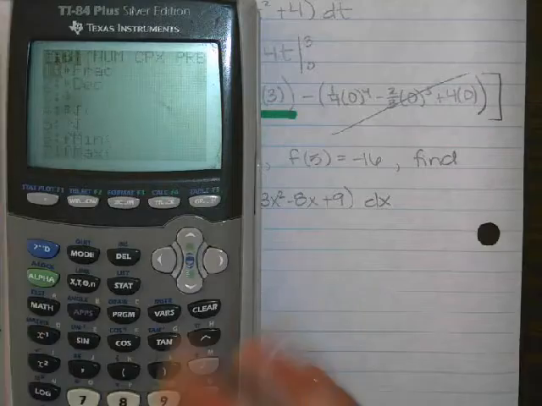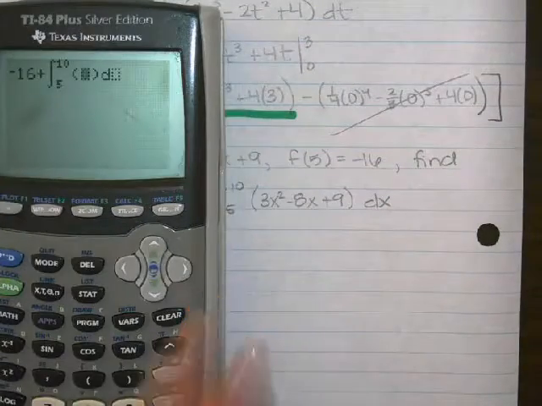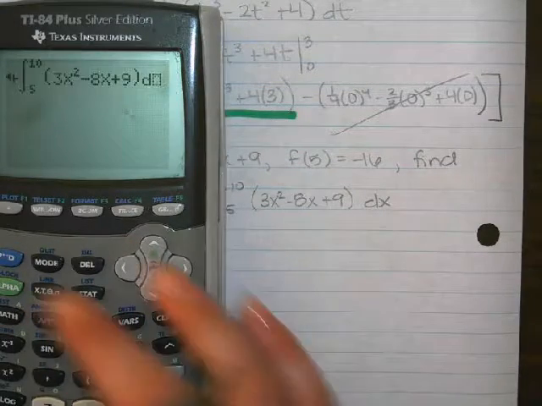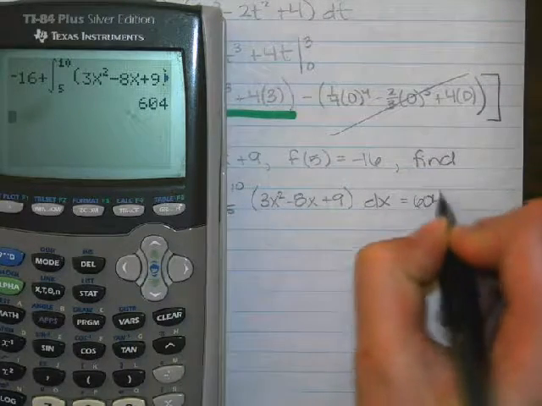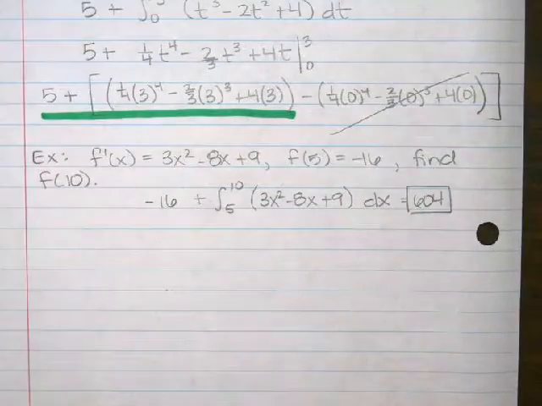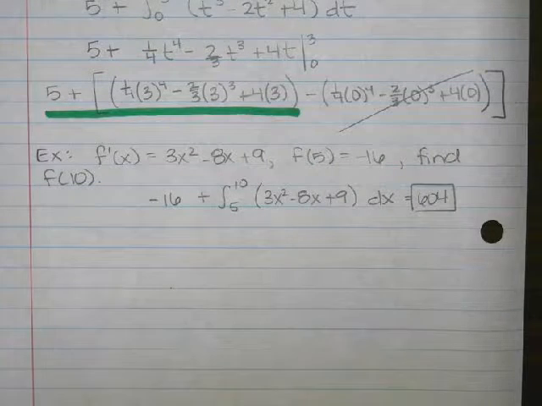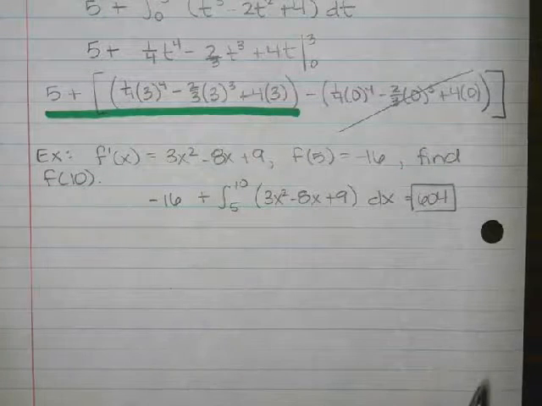So 5 to 10 is 604. That's like a 30-second problem now. Does that make sense? Two different ways of accomplishing the same thing, but using integrals, it's so much easier.